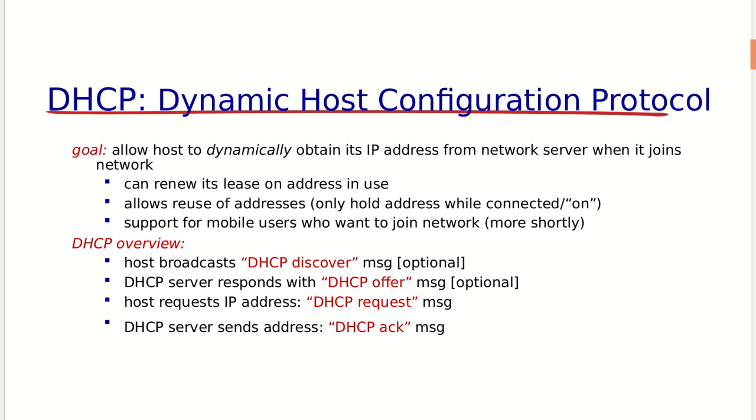Otherwise you can just renew the existing lease and keep on using the same IP address. So this allows the reuse of addresses. Only those addresses assigned to interfaces which are in an on state are used, and the rest of the IP addresses available within the range can still be assigned.